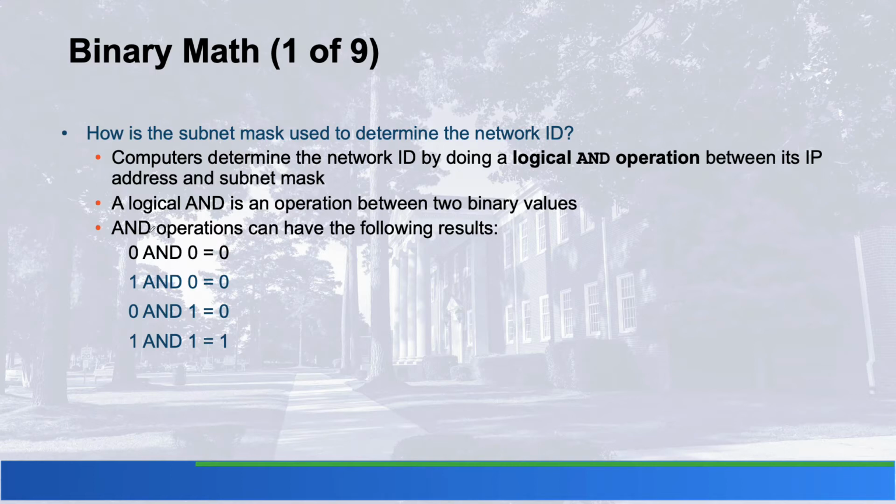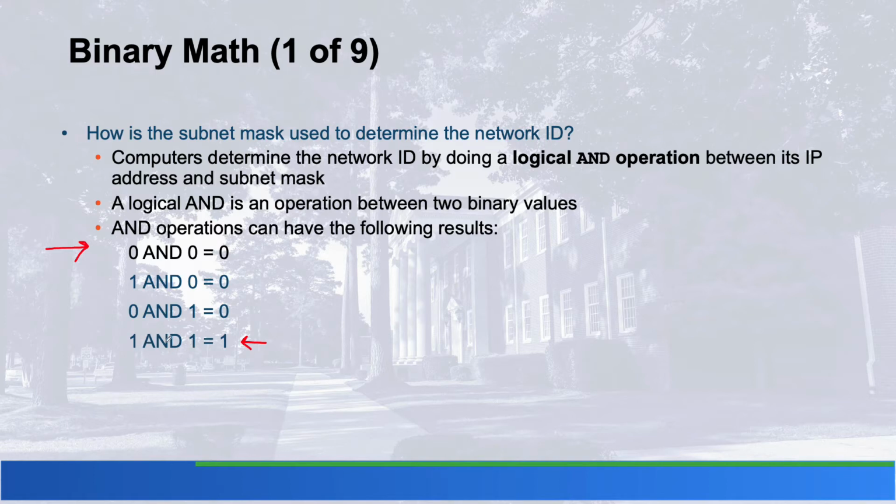This truth table here tells us that if we put together two zeros, we get a 0 out. If we put a 1 and a 0 into our AND formula, we get a 0. If we get a 0 and a 1, we also get a 0. The only possible way you can have a 1 from ANDing two numbers together is if the two original numbers are both 1s.